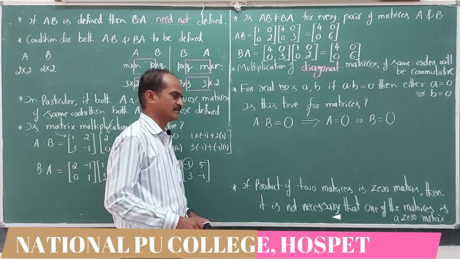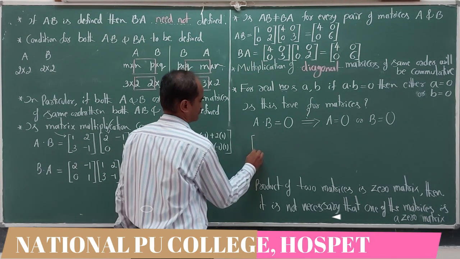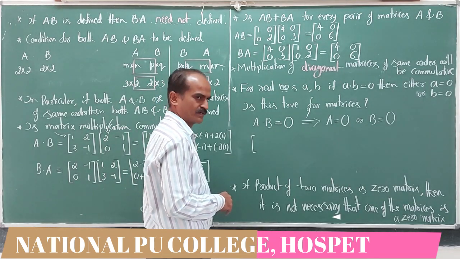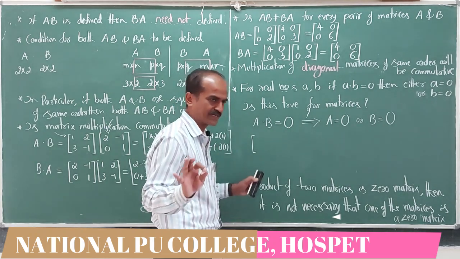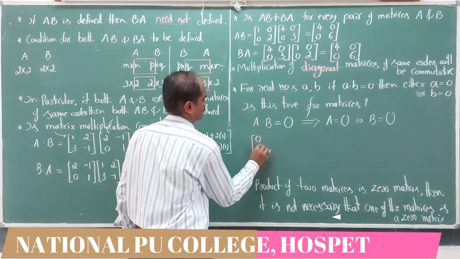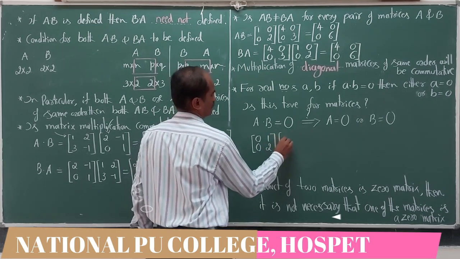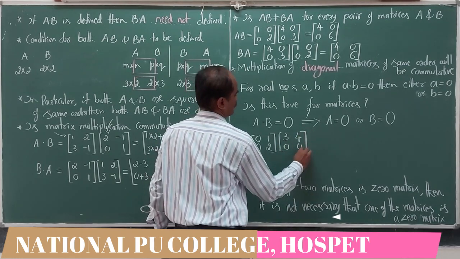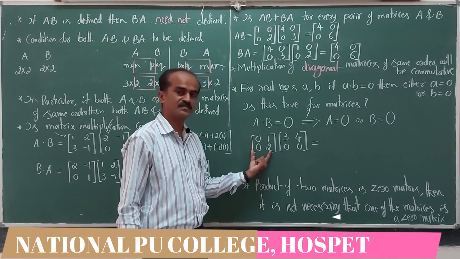Now let me check with an example. I take two matrices A and B, which are not null matrices. They are not zero matrices. The matrix A is [0, 1; 0, 2].